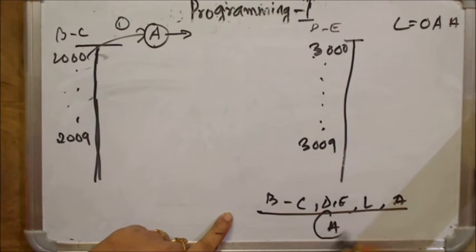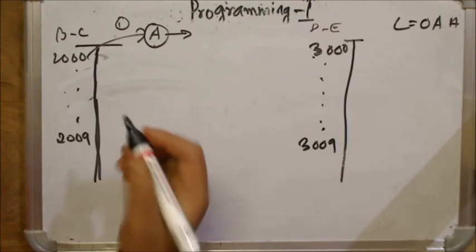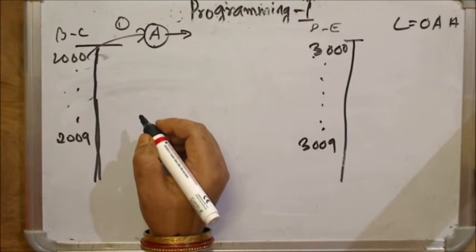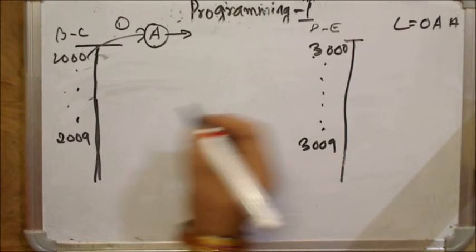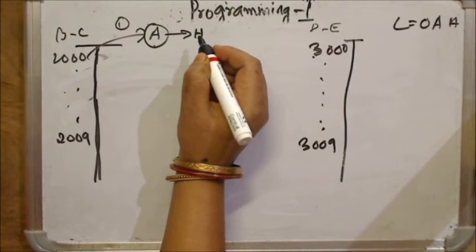H. So while you are using registers, be careful about the registers. Programming is fun. The more you focus, the more you learn. So transfer the data into the free register H.